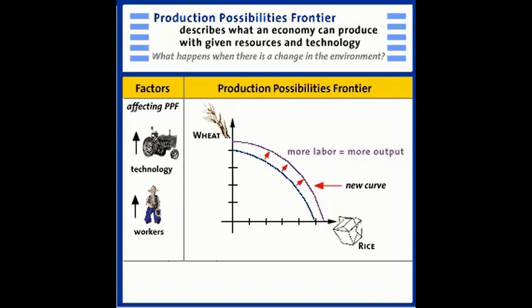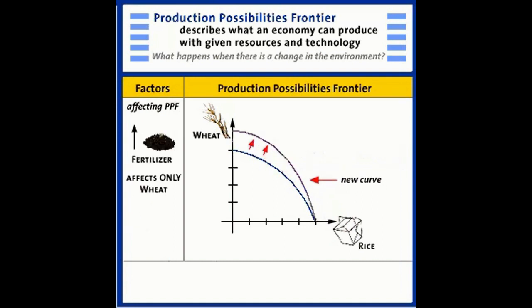Production possibilities would change in such a way that there would be an increase in wheat production, but no change in potential rice production. That is, if the economy continued to devote all of its resources to the production of rice, it would only be able to produce 100 bushels of rice, just like before.